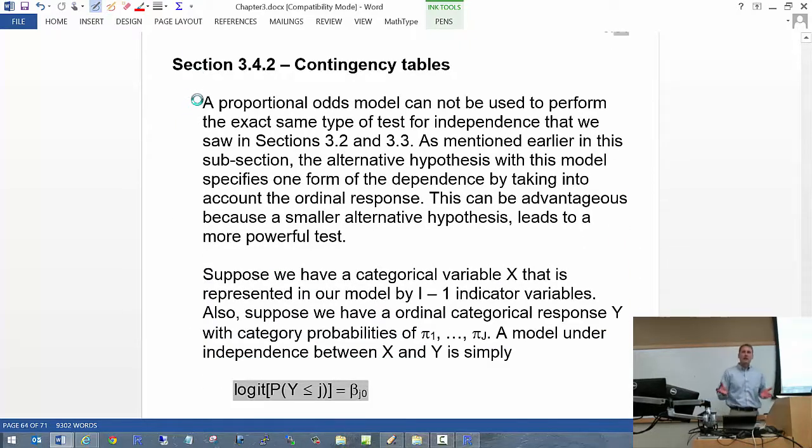Okay, well, what about contingency tables? If you remember the fiber example, you may want to model the counts in that contingency table using a proportional odds regression model. Well, we can do that.